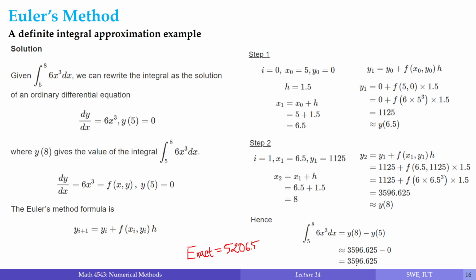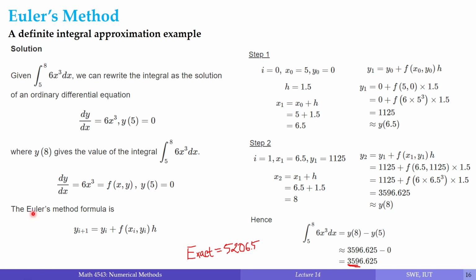Okay, so what we can infer is that the approximation we have ended up with is a very bad approximation, right? That's the disadvantage of Euler's method. It will give you very bad approximations when you take the step size to be too large. When you take infinitesimally small or reasonably small step sizes, you'll get good approximations.